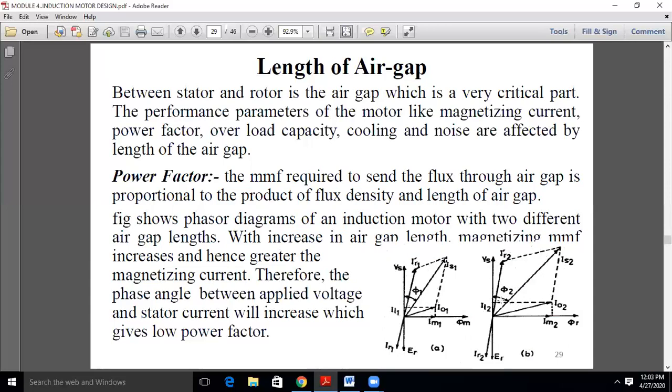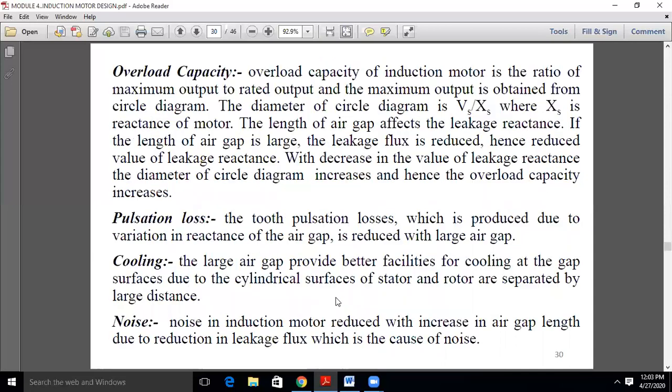As phase angle phi increases, then cos phi, the power factor, decreases. So the result is that as the length of the air gap increases, the power factor is low and leading. So this is first.